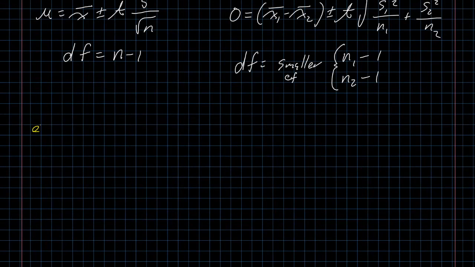So let's go through a quick example. Let's take a two-tailed test with alpha equals 0.01.